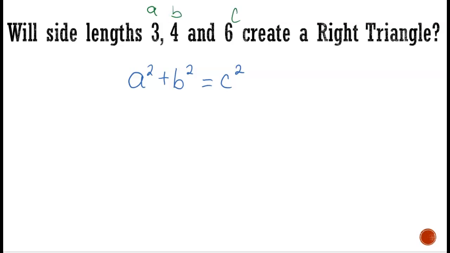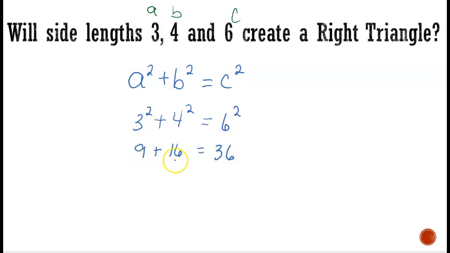Then we go back to our Pythagorean theorem and substitute in these numbers and see if both sides are equal. If they are, it would prove that this is a right triangle. So we'd say 3 squared plus 4 squared equals 6 squared. That's our question currently. We're trying to see if this works. So 3 squared is 9 plus 4 squared, which is 16. Does that equal 6 squared, which is 36?